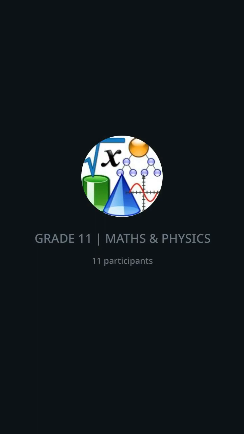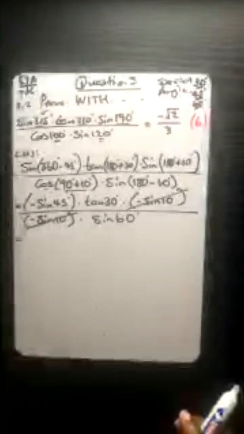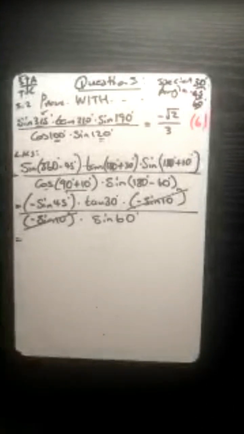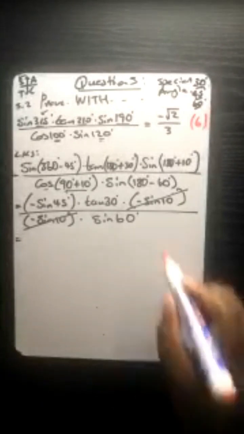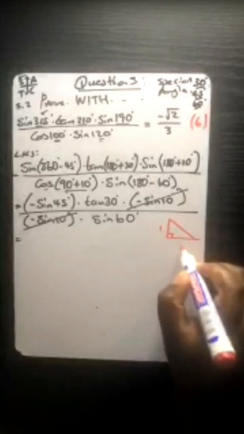Hey, can you guys see that those two already cancel each other out? So that is why I can now scratch those. So let's see. Remember, this is where you now need to draw those. I can still remember that for 45, you have 1 there, and then square root of 2 there.